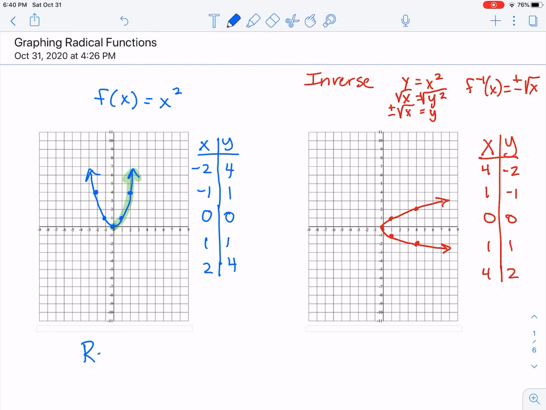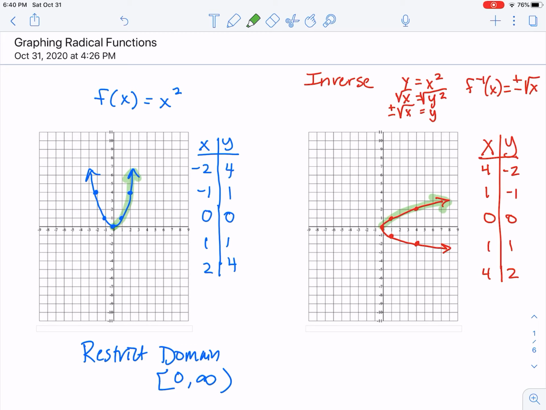So if I restrict this domain to 0 to infinity, then if I reflect that part that is green over that line y equals x, then I get this part of the function. That's the part that would be reflected.